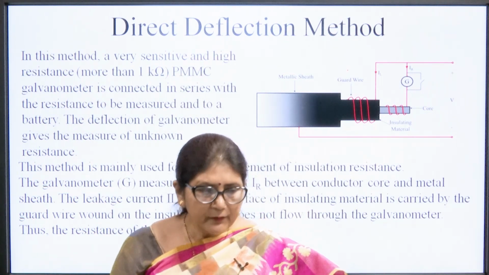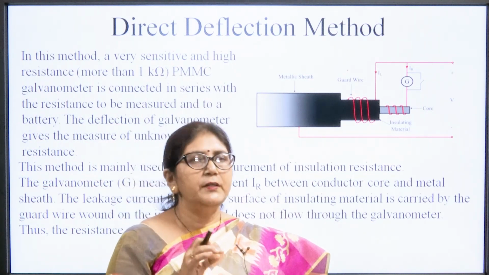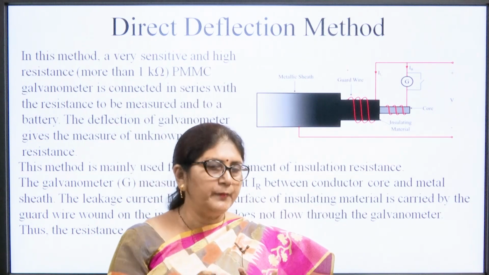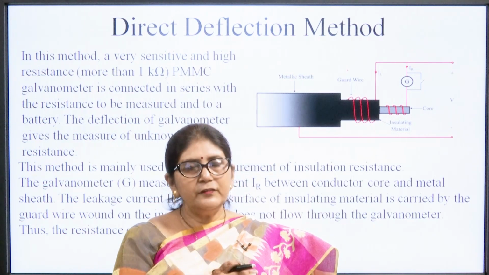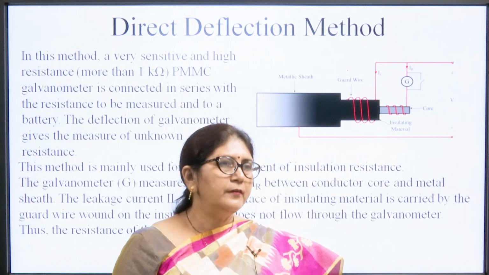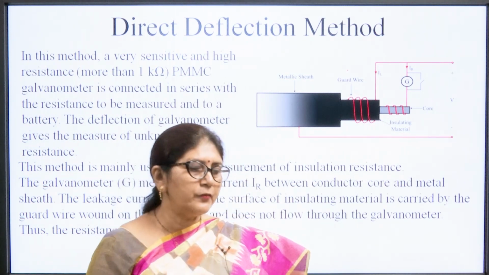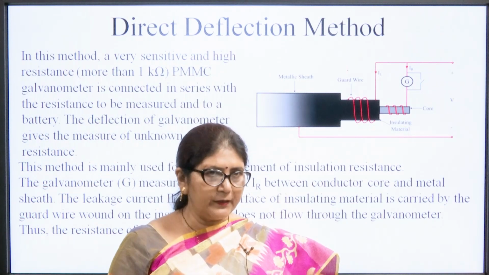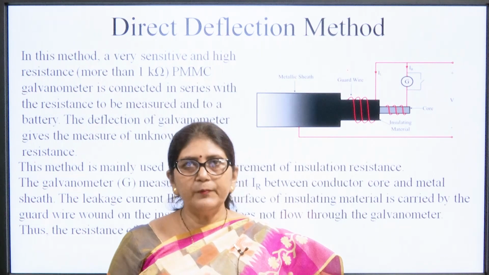So, here we have discussed the measurement techniques for low resistance measurement, high resistance measurement and medium resistance measurement. For low resistance measurement, we need a Kelvin double bridge. For high resistance measurement, we have an instrument known as the Megohmmeter, with which we can directly measure.